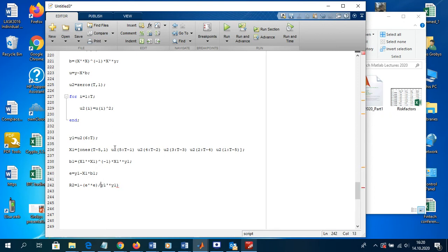This is the standard formula for the R square. So then we know the test statistic, denoted as lambda, is T times R square.